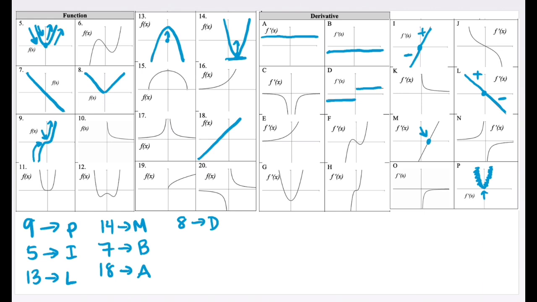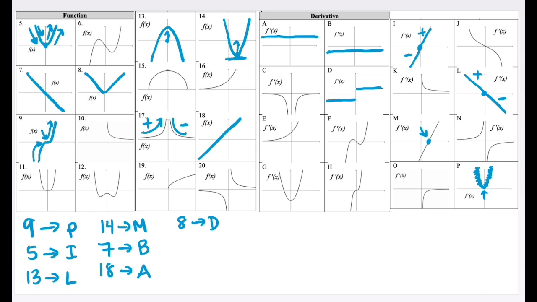All right, so let's go ahead and look at some of the other graphs. If I look at 17, 17 actually has a vertical tangent at 0, which means that's going to be a place on the derivative where it's also going to have a vertical tangent, because the derivative's not going to exist there. Now, it has a positive slope on this side, and it has a negative slope on this side.